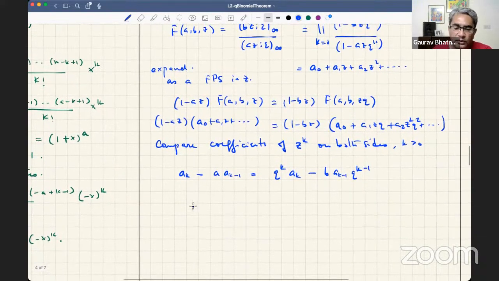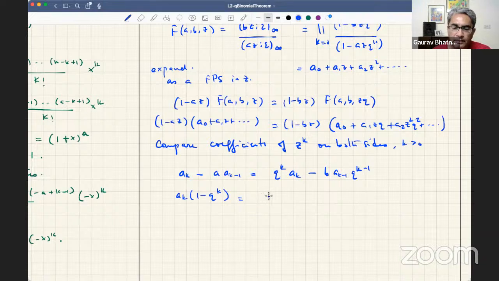Right, so this will mean that ak times 1 minus q raised to k will be equal to a minus b q to the k minus 1, a_(k minus 1). So which is the same thing as 1 minus b q to the k minus 1 over a, a_(k minus 1).